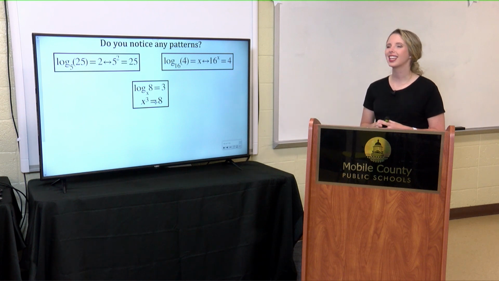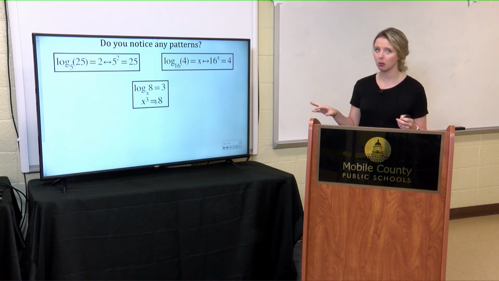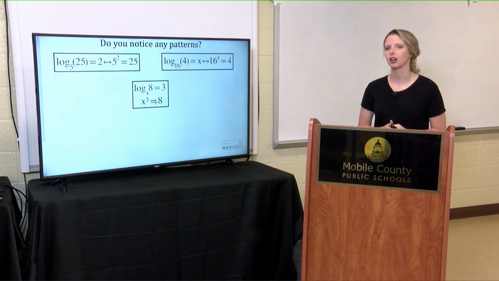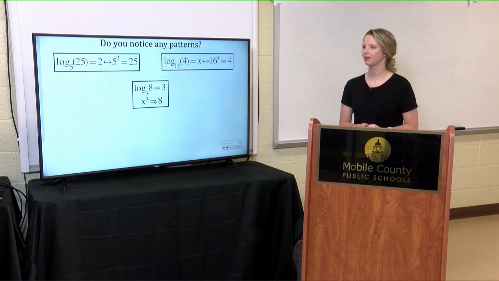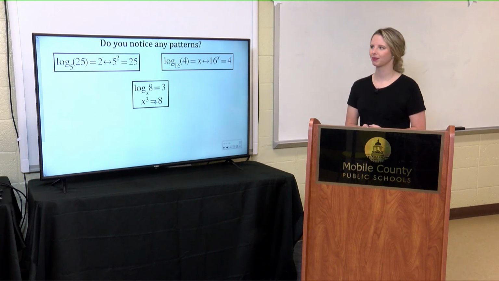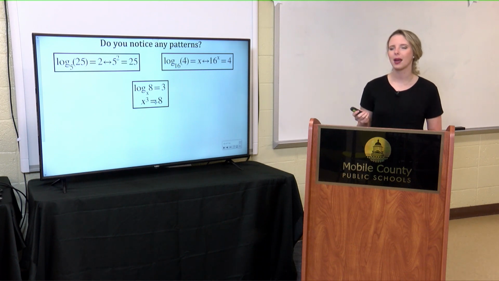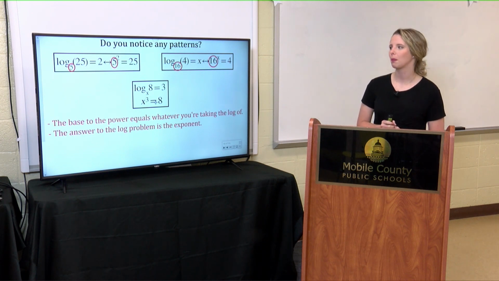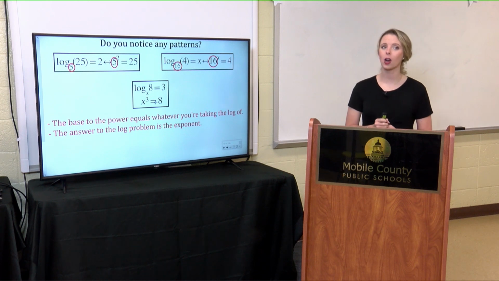I want you to look at these three examples, now with actual numbers in them, and see if you notice any patterns here. Maybe you noticed that our bases are still our bases. We talked about that before, but maybe you can see it a little bit more now.